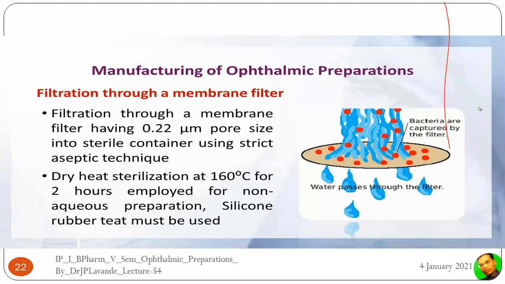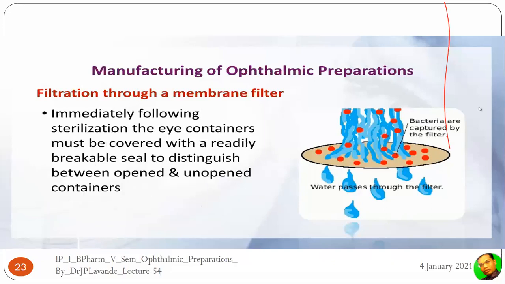Then in case of dry heat sterilization, we need to heat at 160 degrees Celsius for 2 hours, and that is employed for non-aqueous preparations, like the silicone rubber test that must be used. Then following sterilization, the eye containers must be covered with a radially breakable seal to distinguish between the opened and unopened container.